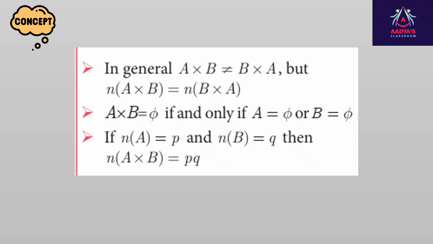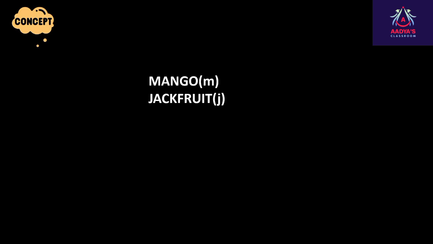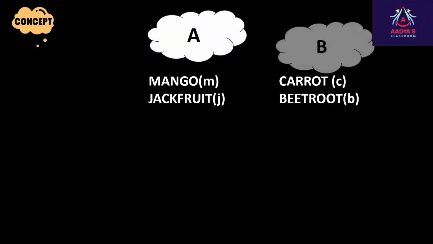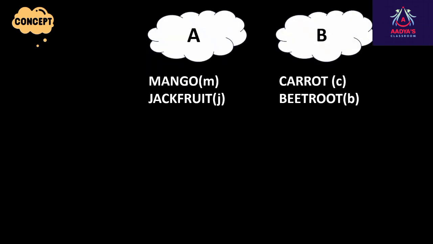Next point, if n(A) is p and n(B) is equal to q, then n(A cross B) is equal to p into q. You're just going to multiply it. Alright. For instance, we'll take the earlier example. Now in set A, we are having two elements, right? In set B also, we are having two elements.